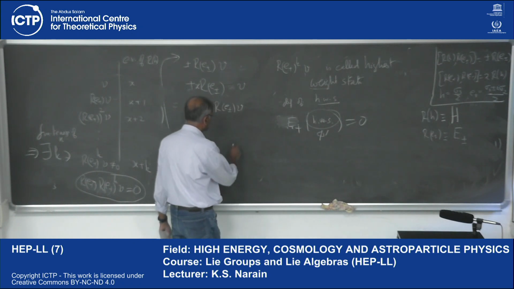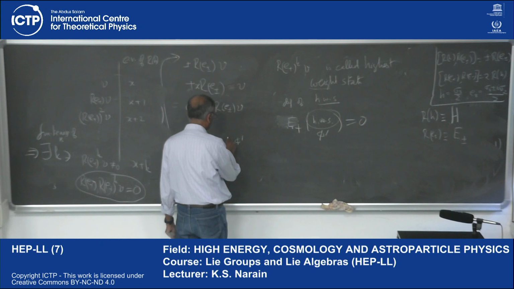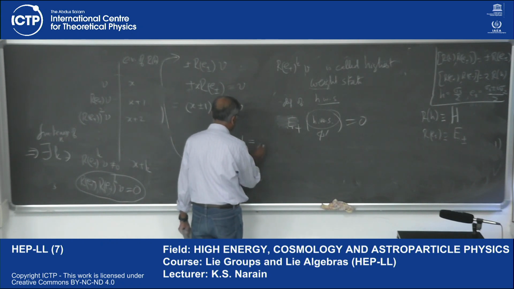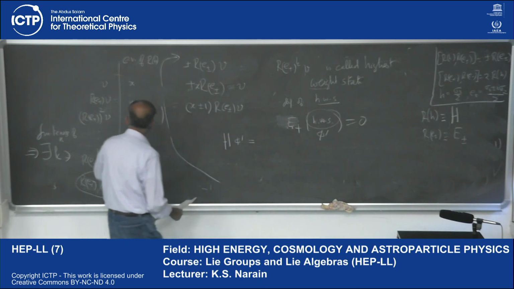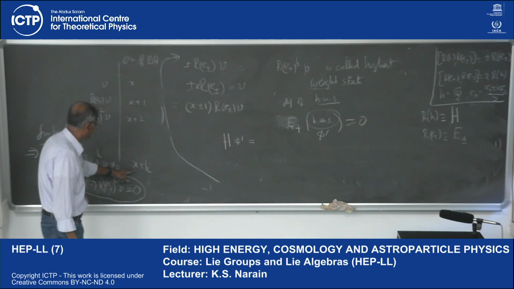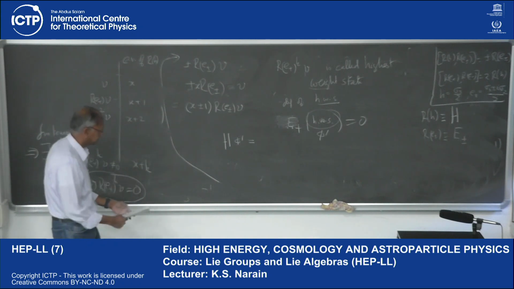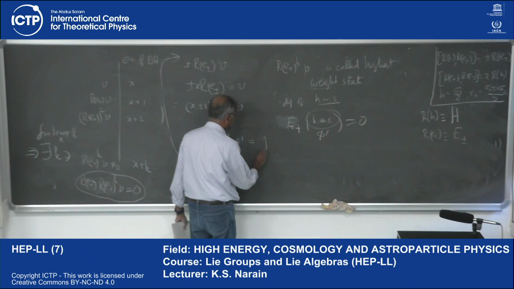So phi prime has a property. What is the property? H acting on phi prime gives some eigenvalue. If I started from x, it was x plus k in this way, right? But just call x plus k as some j. I just give it a name j.